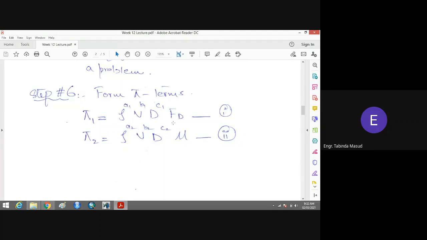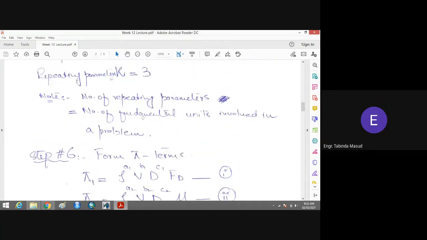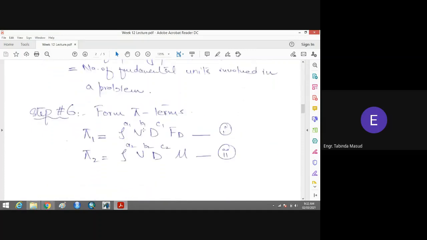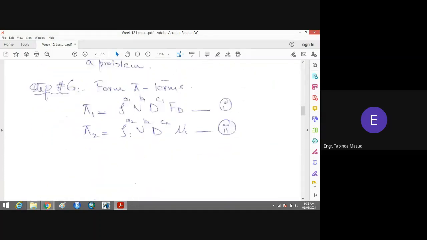Okay, the important thing is how you will select which parameters are the repeating parameters. Here we have already got that the number of repeating parameters should be equal to 3. We know that we have to repeat 3 parameters in these two pi groups. But what are those parameters?